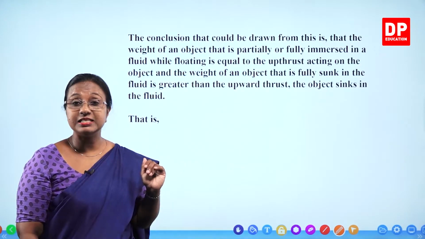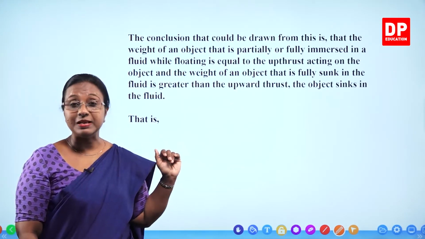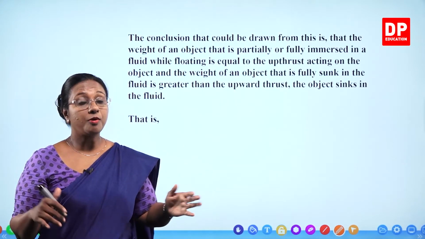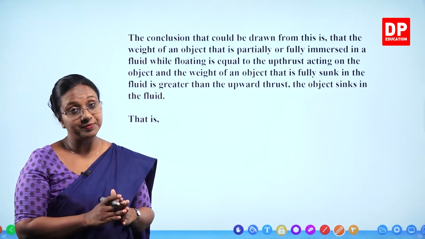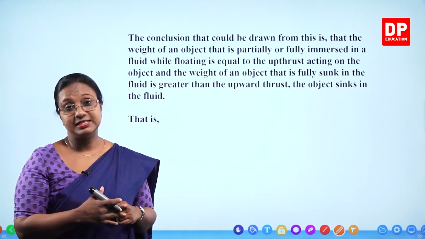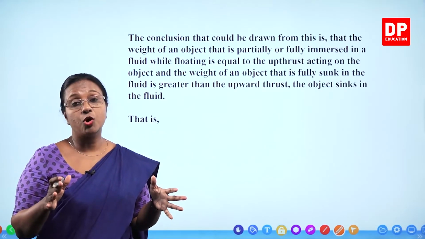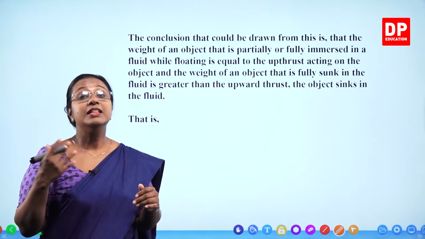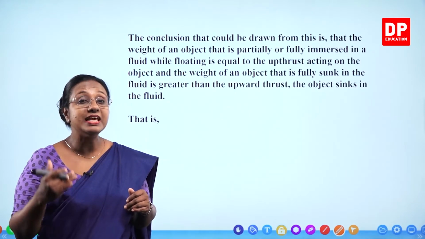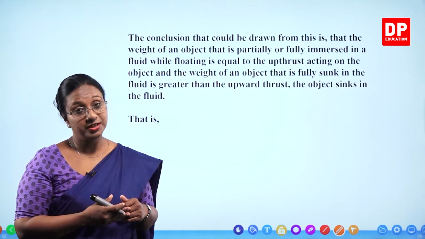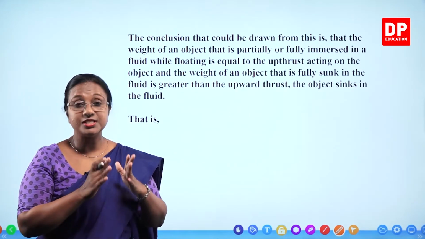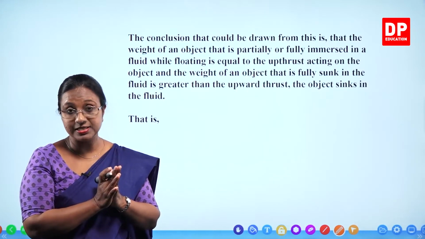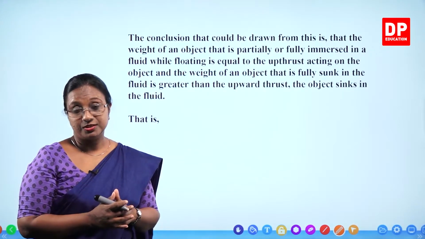Then in the second instance, where the object was completely immersed, there's no problem, weight is equal to upthrust. And in the third instance, where the object is sunk in water, the upthrust is less than the weight of the object. So those are the conclusions that you can get from this observation.